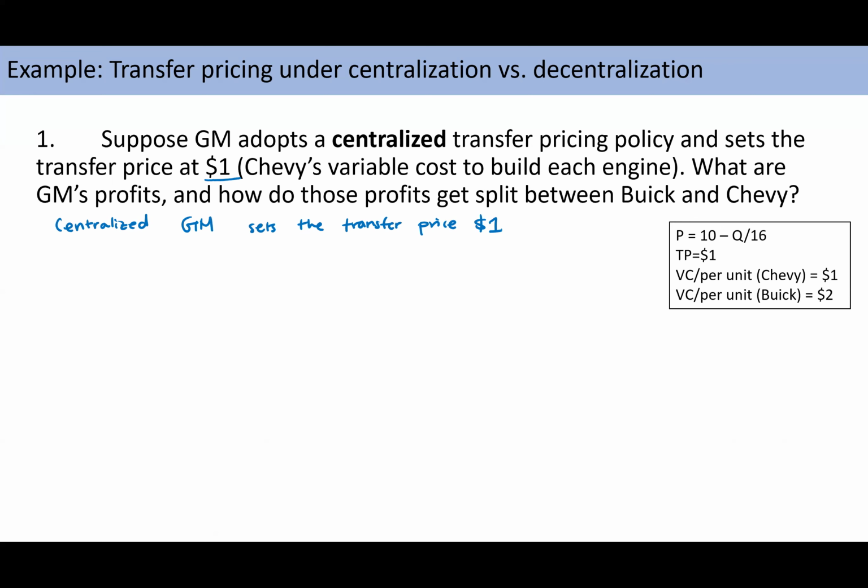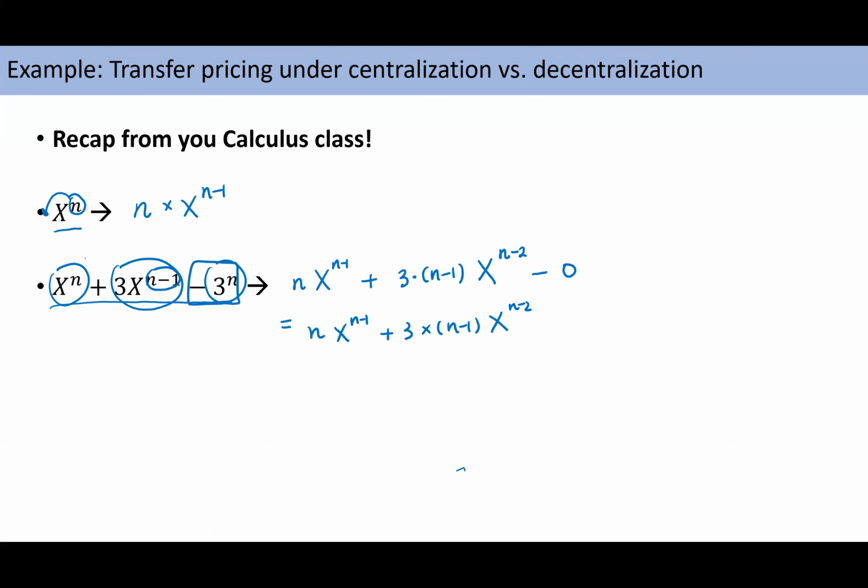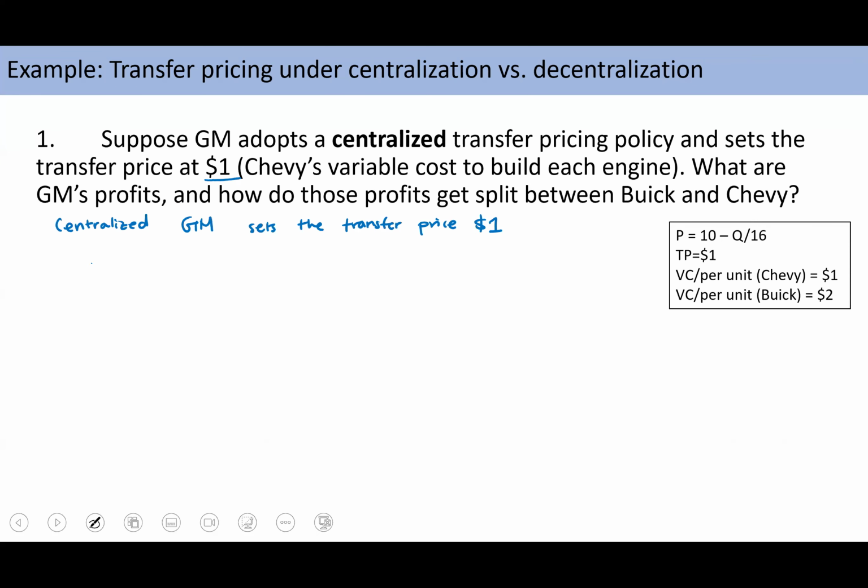Now, as GM is a for-profit firm, GM would want to maximize their own profit. And they know that they will be able to maximize their profit where their marginal revenue equals marginal cost. So marginal revenue is the first derivative of the total revenue function in terms of Q. So let's find what the total revenue function looks like.